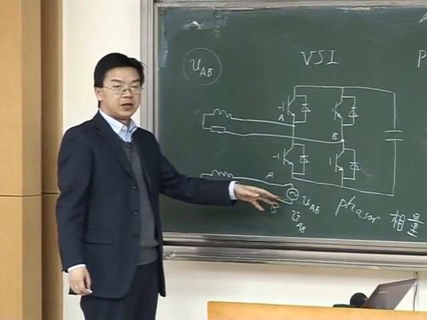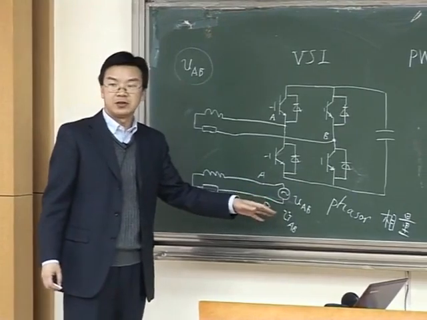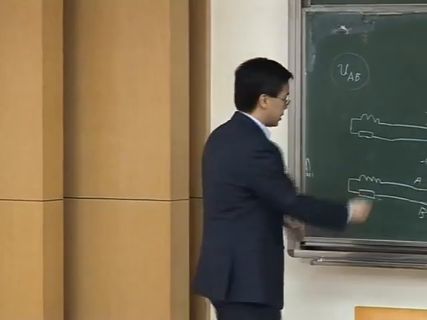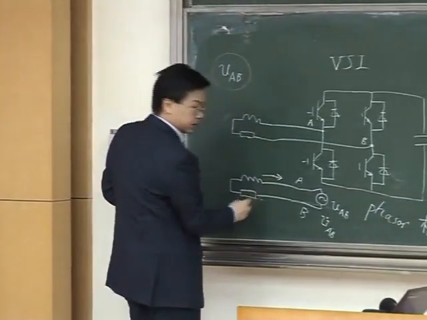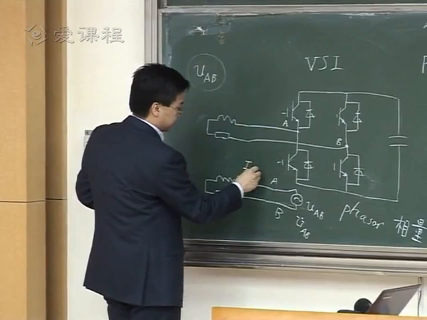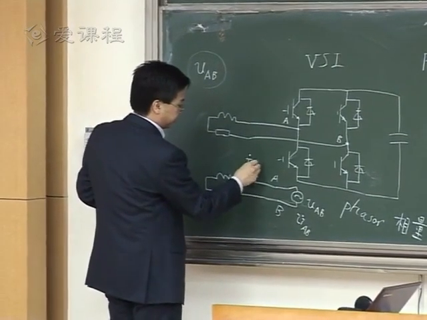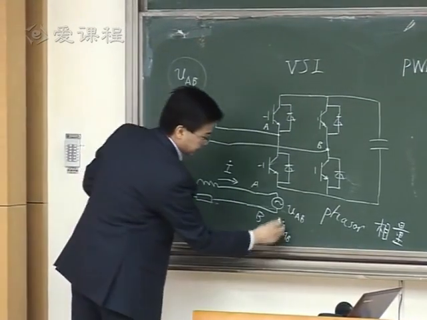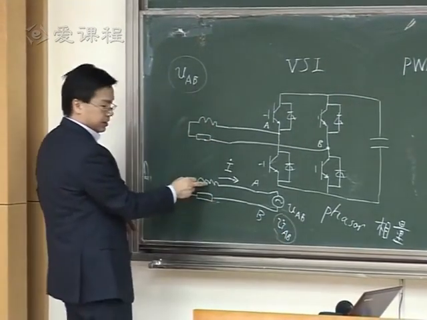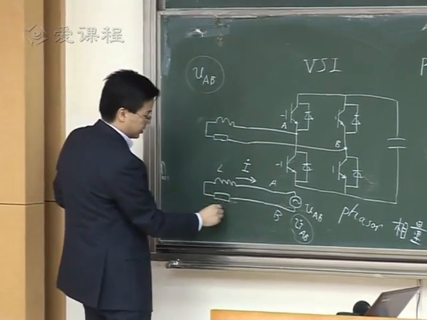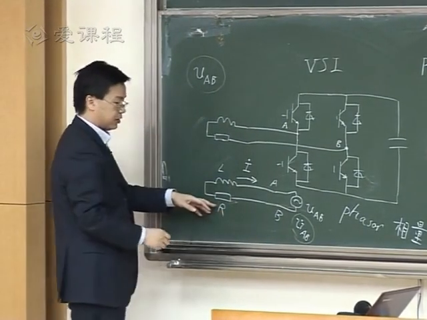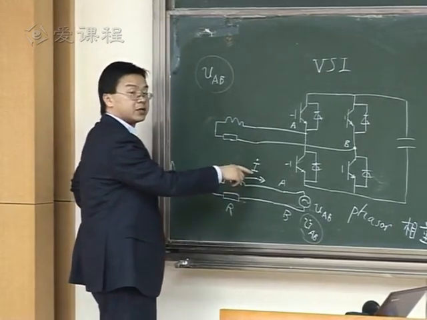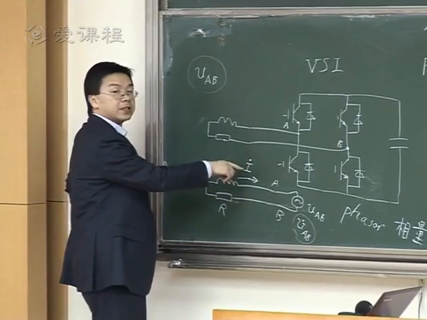And using the phasor method, we can analyze the circuit. We can analyze how much current there is. Let's say this is the current I. If this inductance is known and this resistor is known, then I can calculate the magnitude and the phase angle of this current.